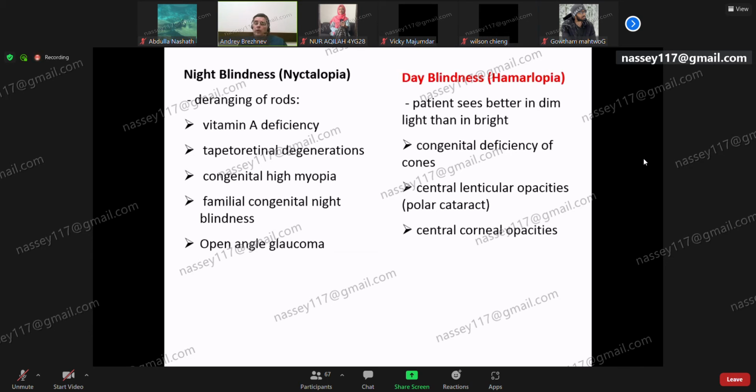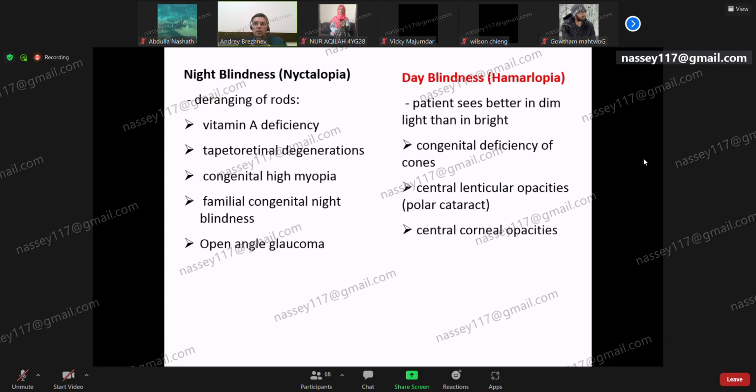Another situation, another type of disorders are different types of day blindness or hemeralopia. It is a symptomatic, usually symptomatic, not organic disturbance of the vision in which the patient is able to see better in dim light as compared to bright light of the day.